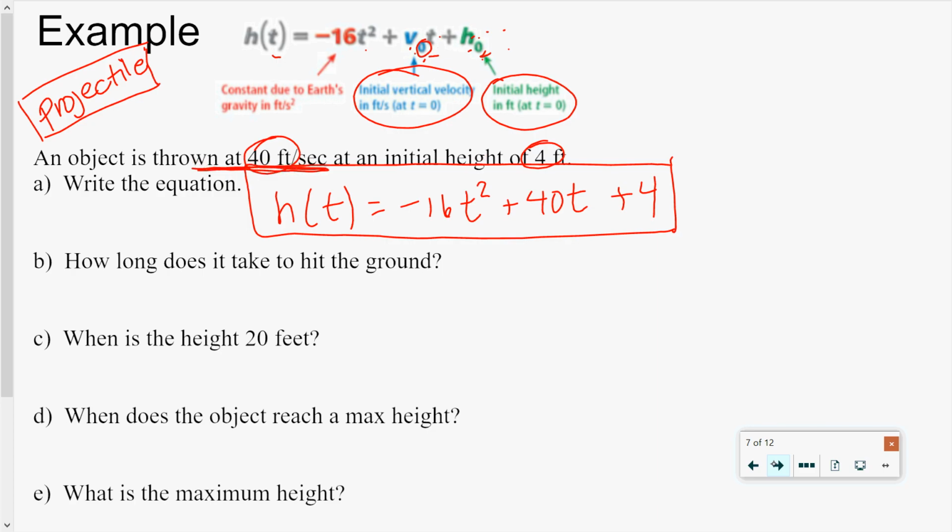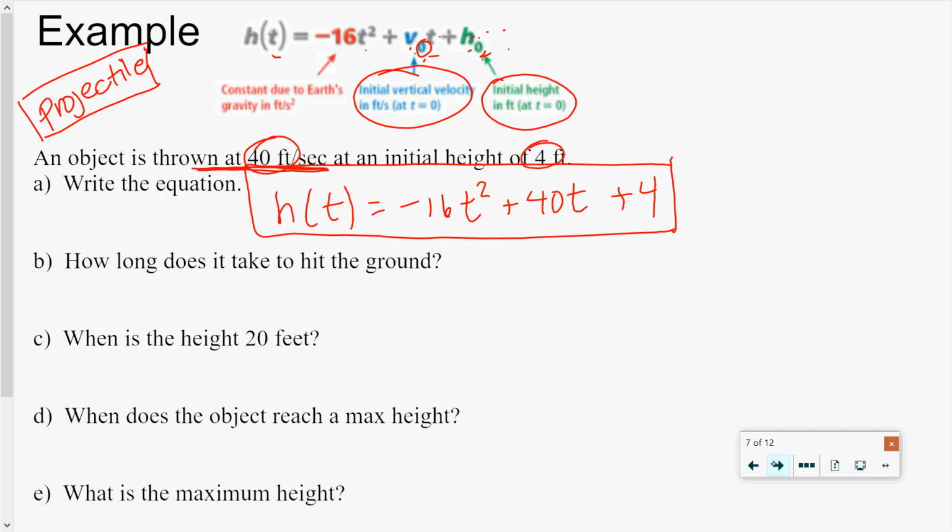All right, part B. Massimo, you're going to tell me what we're doing on all of these. Part B. How long does it take to hit the ground? What am I plugging in where? We just did the notes for it. Hitting the ground.